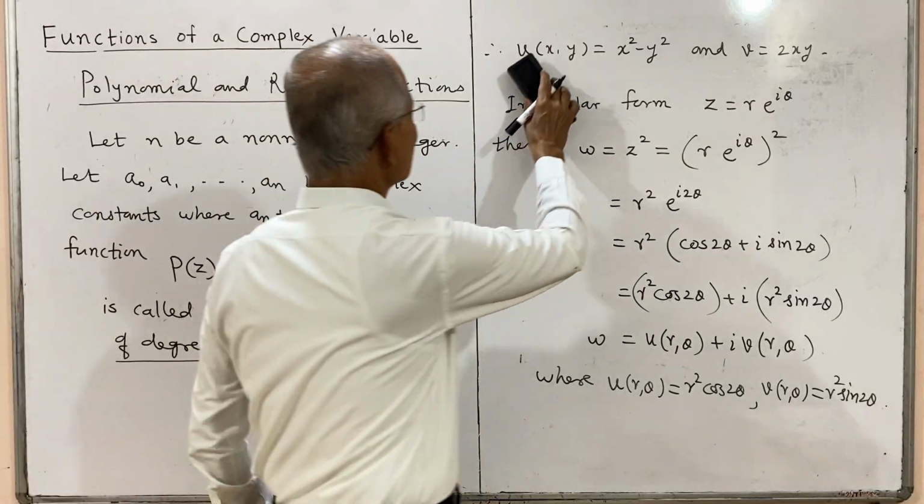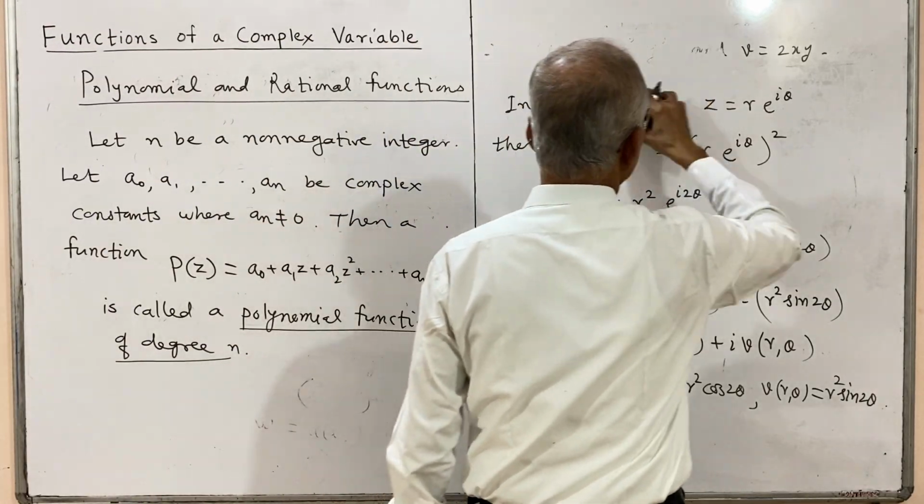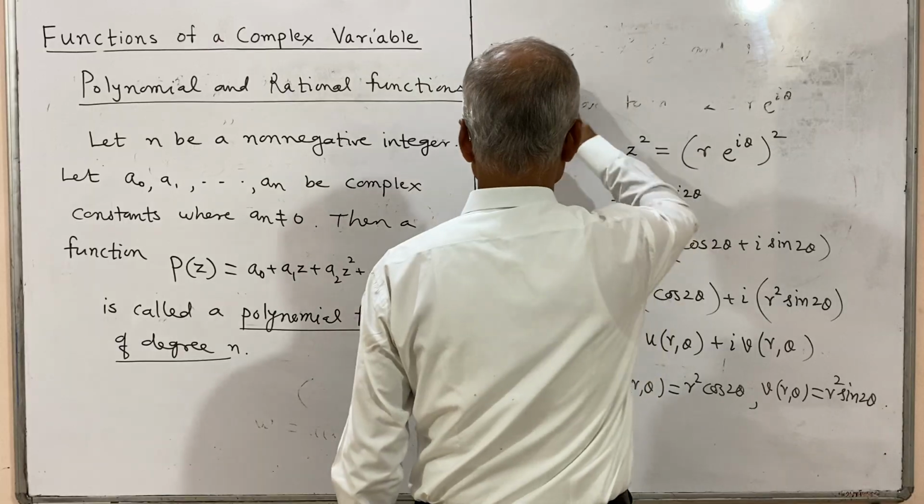And likewise the rational function we shall define as a quotient of two polynomials.